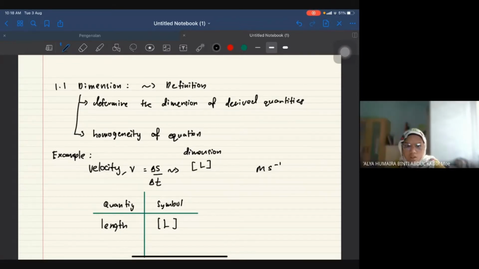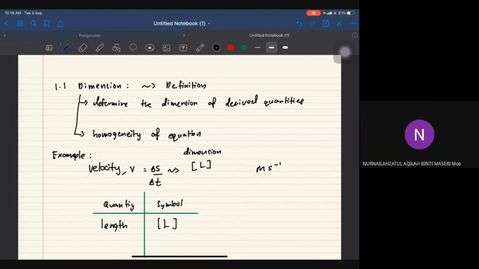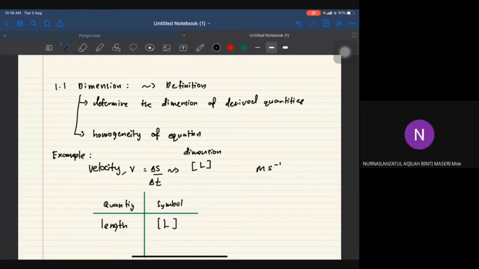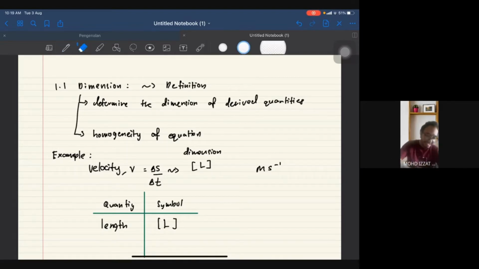Kan dekat unit, yang tulisan length tu yang ada bracket. Oh ya, bila L tu dah tak ada. Okay, kamu ikut nota kan? Okay, so saya ikut kamu lah. Bukan apa sebab every year sometimes dia berubah-ubah. Kadang-kadang tahun ni macam ni, tahun depan macam tu, tak apa, kita samakan lah.